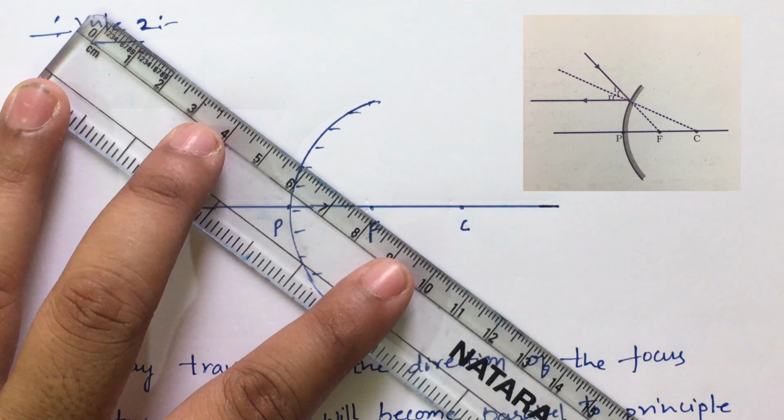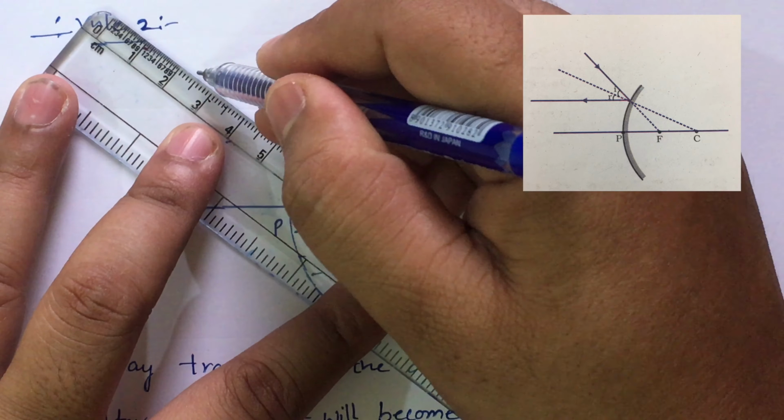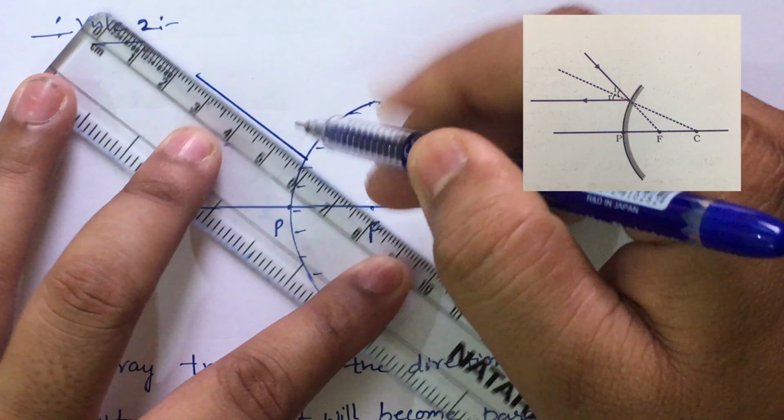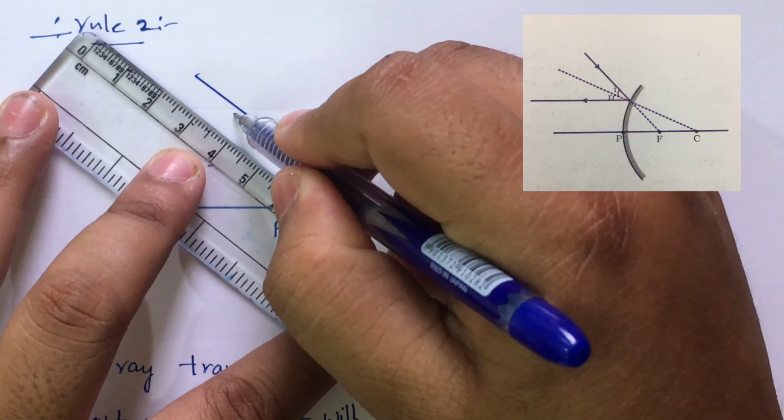Now this is how we draw. A ray travels in the direction of focus. From this point you have to draw a dotted line. Children, then how does it behave? It behaves parallel to the principal axis. This is how it behaves.